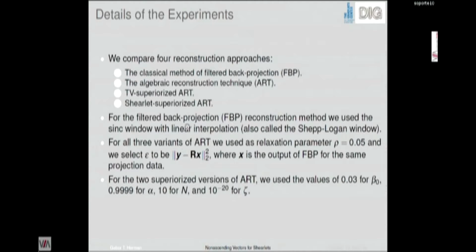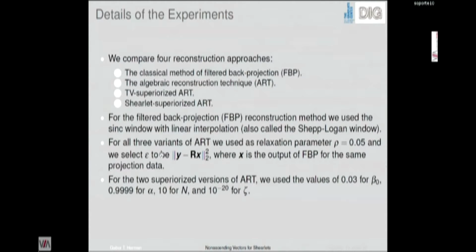And then I selected the epsilon to be the residual of the reconstruction by this technique. And I made that to be the primary criterion for the iterative procedure. So I want the iterative procedure to be at least as good as filtered back projection by the primary criterion.